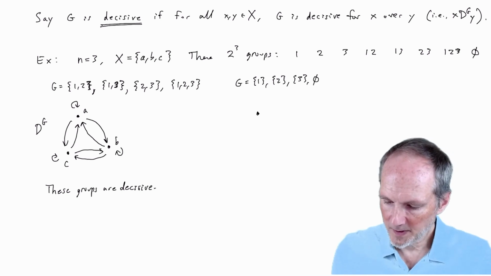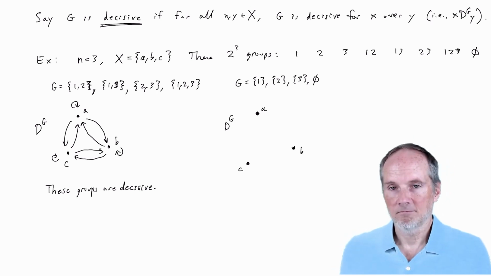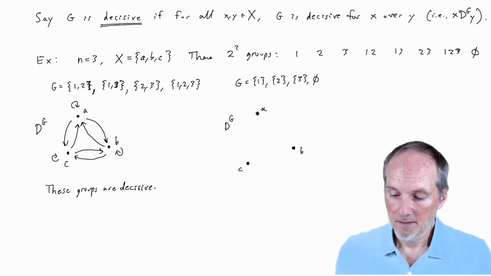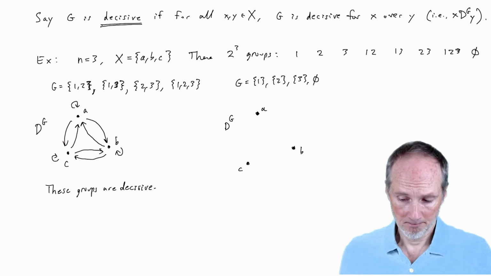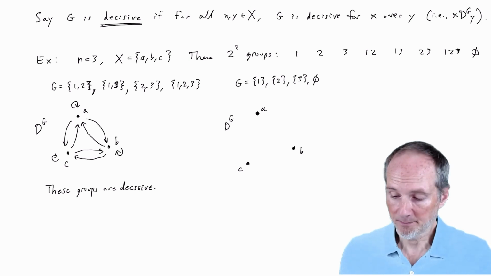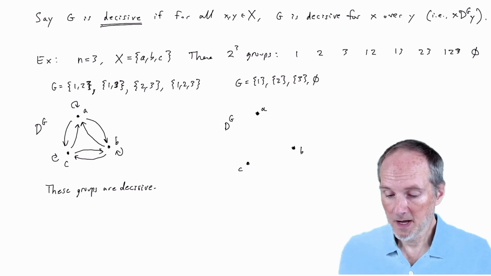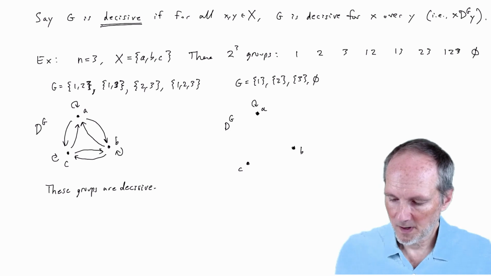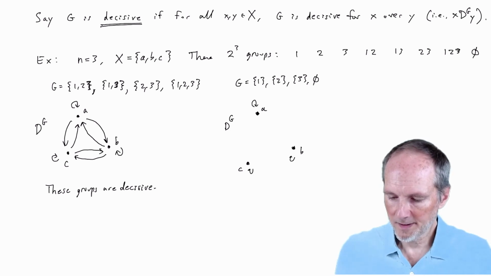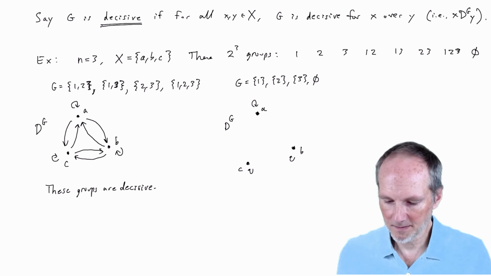If we were going to do the decisiveness relation in that case, there are basically no arcs, because if you take, for example, A and B, if person 1 prefers A to B, but everyone else is opposed to her, then A does not beat B. So there are really no arcs here unless you want to put in trivial arcs, but that's just a technicality.